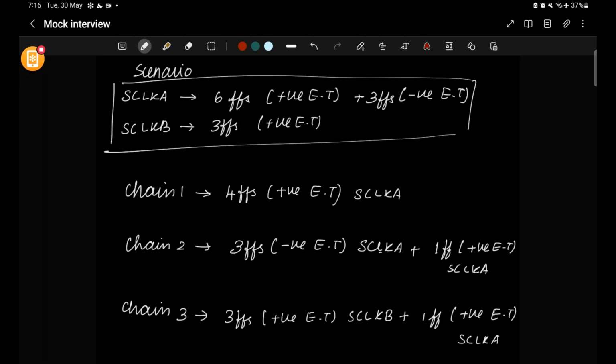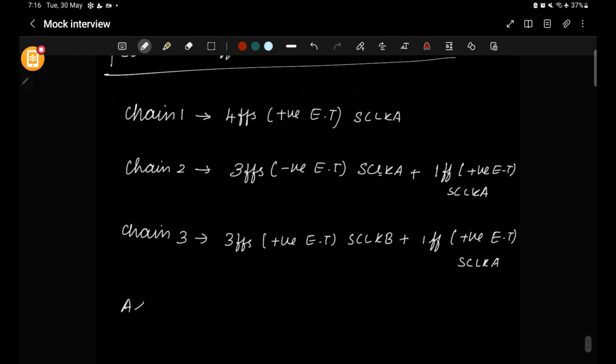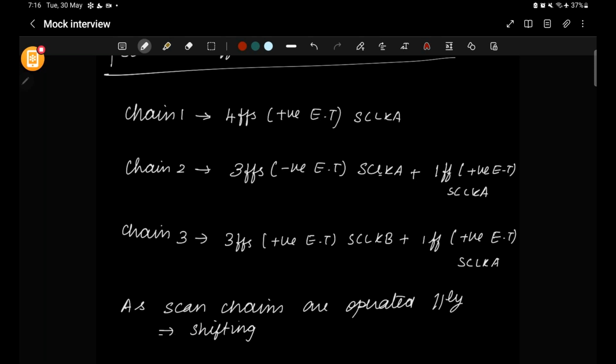Now here if you see, as scan chains are operated parallelly, how many shift cycles will happen? Shifting will happen parallelly.